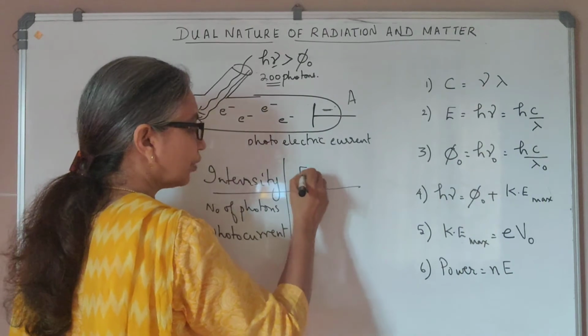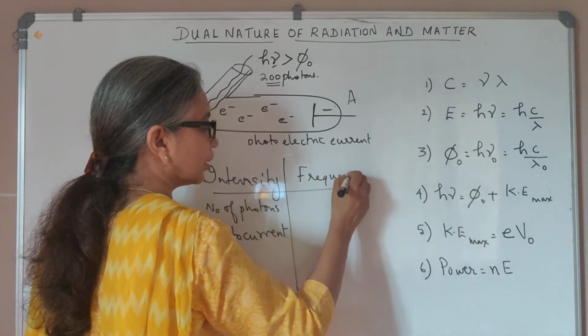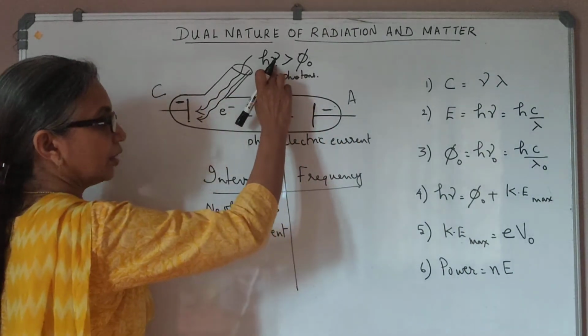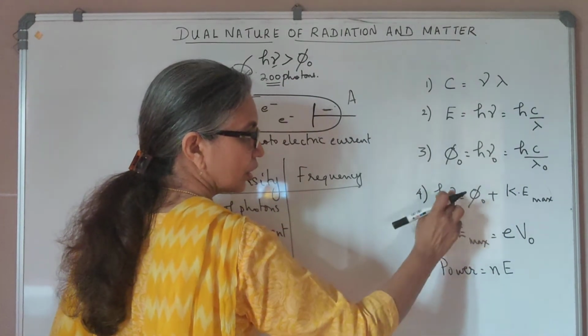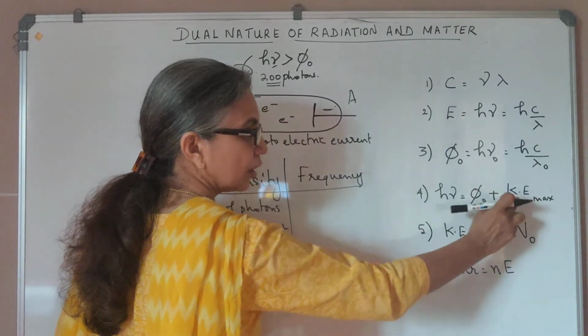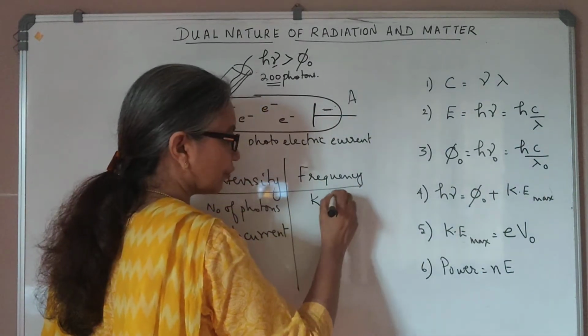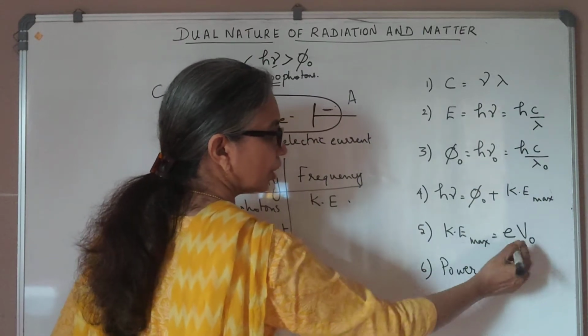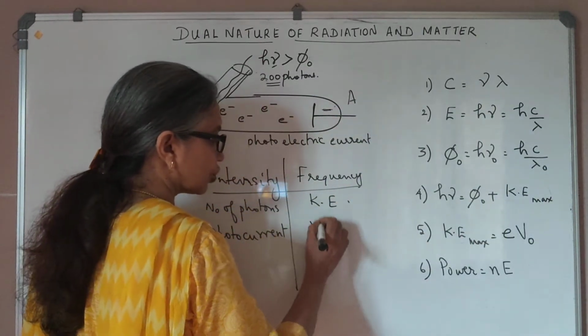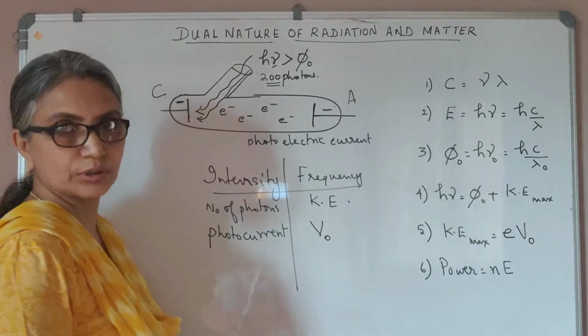Second thing is, whenever we increase the frequency of the incident radiation, you see from Einstein's photoelectric equation, this is a constant. So if you increase the frequency, you are increasing the kinetic energy of the emitted photoelectrons, and if you increase the kinetic energy, you are increasing the stopping potential V0, or the cutoff voltage.